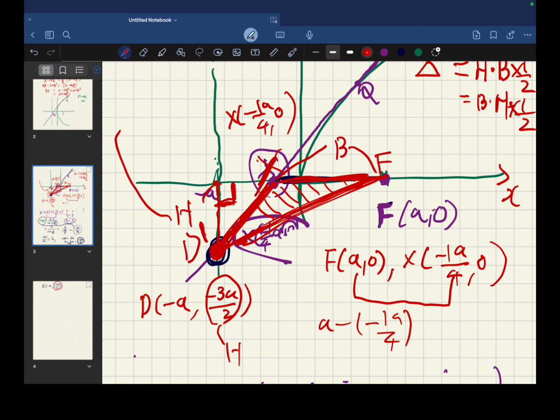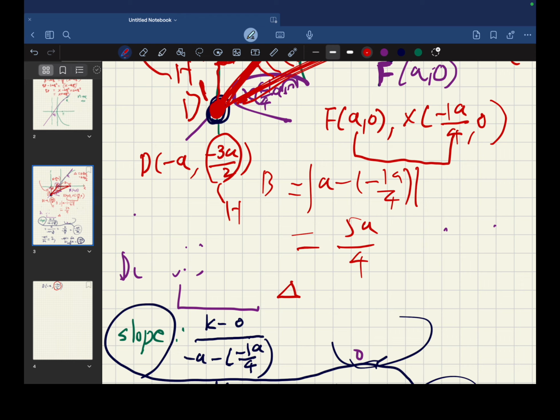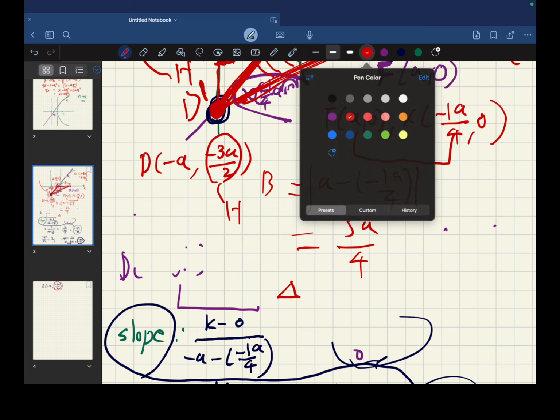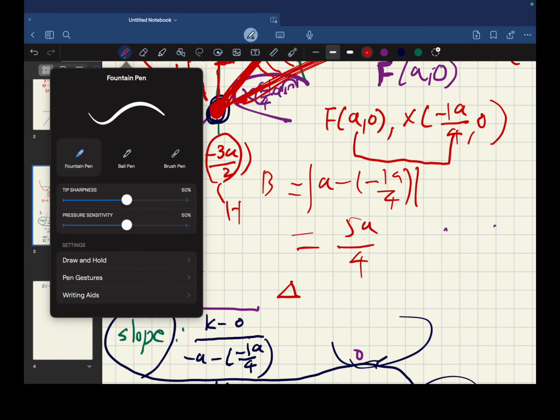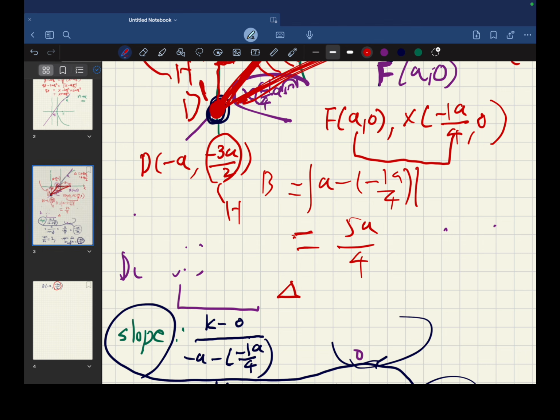Of course, we take the absolute value of it, since this is a distance, which is 5a over 4.